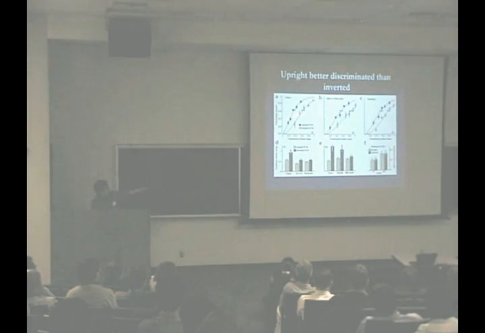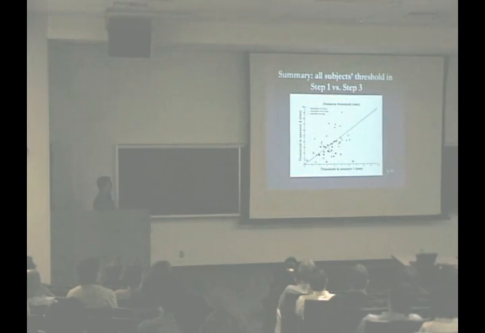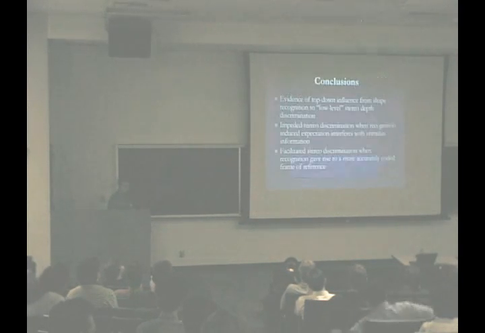This is basically the result: when it is an upright human figure, the performance is much better than for an inverted human walker. This summarizes all three experiments, one experimental and two control results: the threshold change from session 1 to session 2, the threshold being at 75% correct performance. Essentially, it says the same story, so I'm not going to go through that.